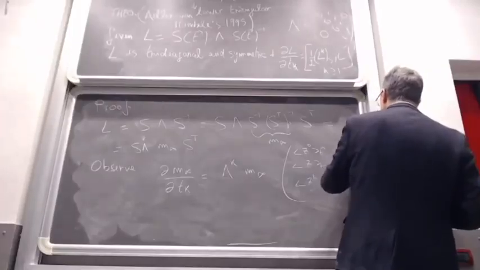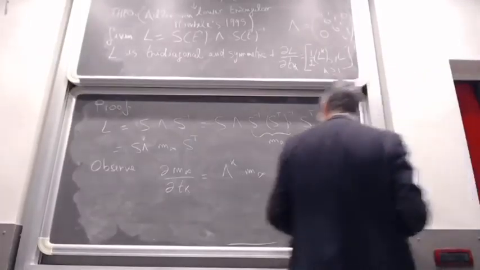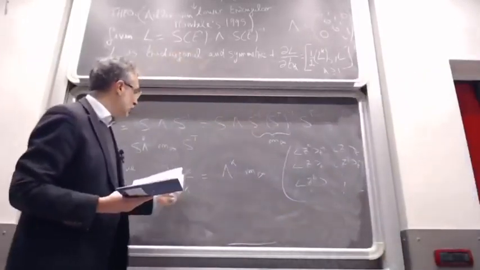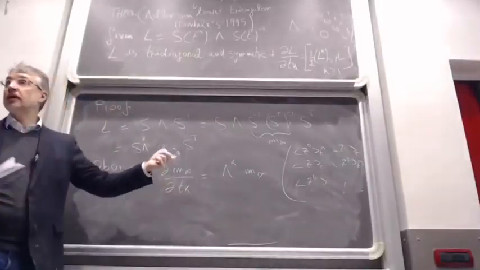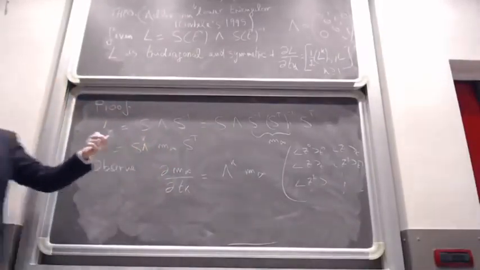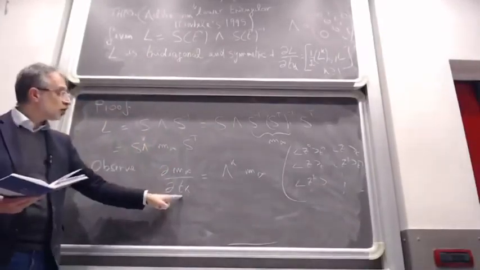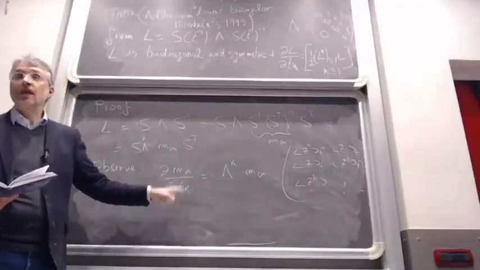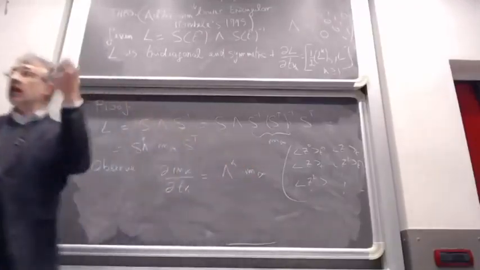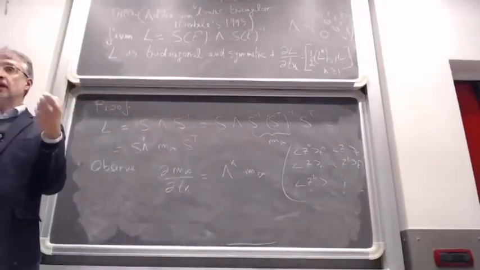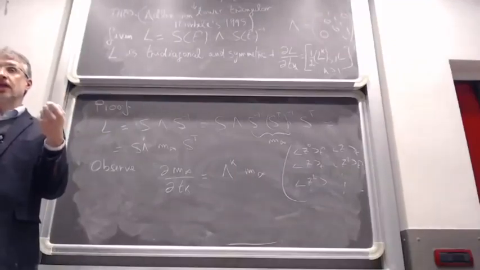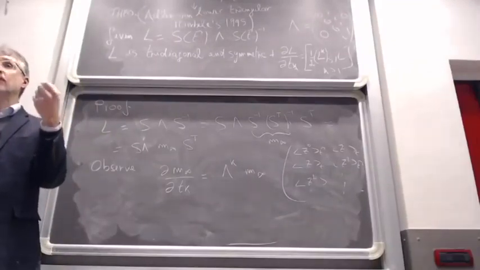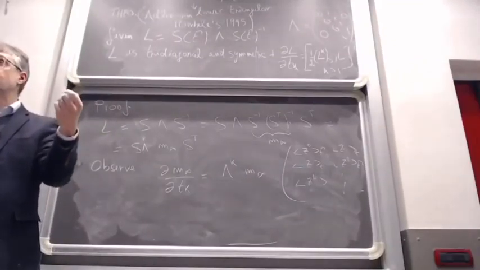Given the definition of rho, the weight, when you differentiate with respect to Tk, you just drag down a power z to the k from the exponential.